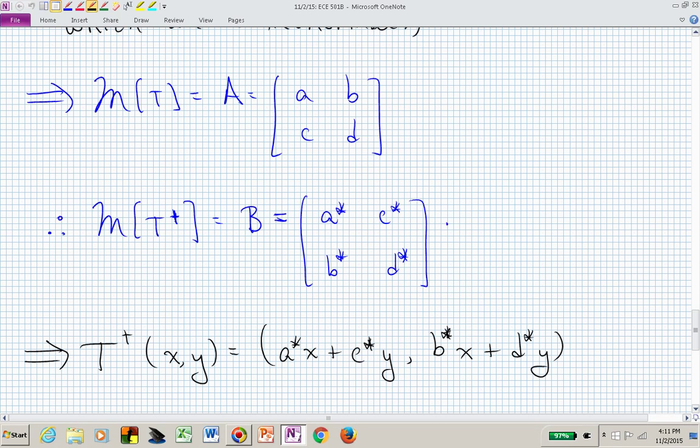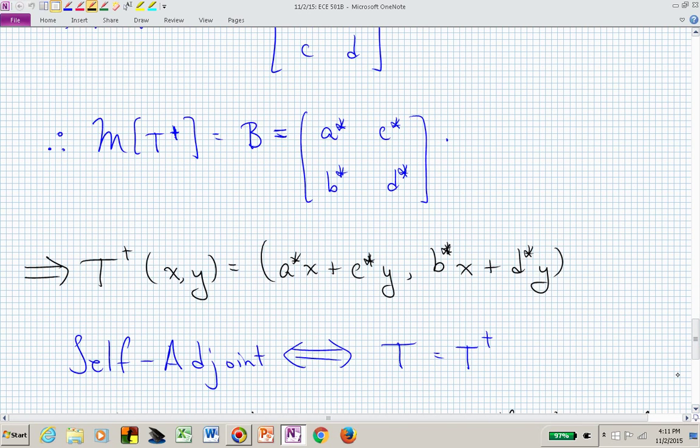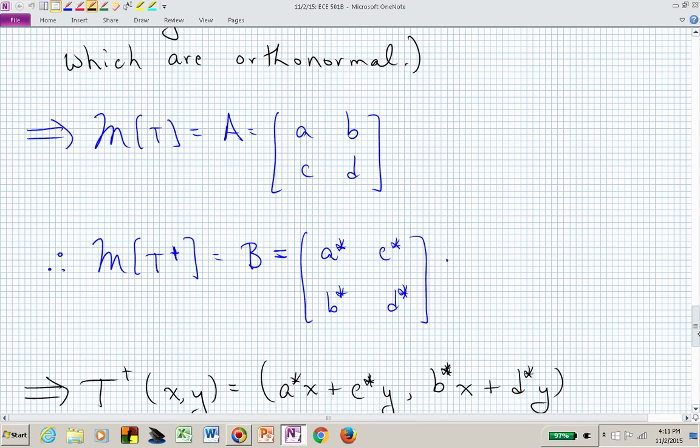That's now A star x plus C star y in the first coordinate and B star x plus D star y. If we want this map to be self-adjoint, we need T, that linear map, to equal T dagger. And if that's the case, now what we're trying to do is make A equal B as a matrix.